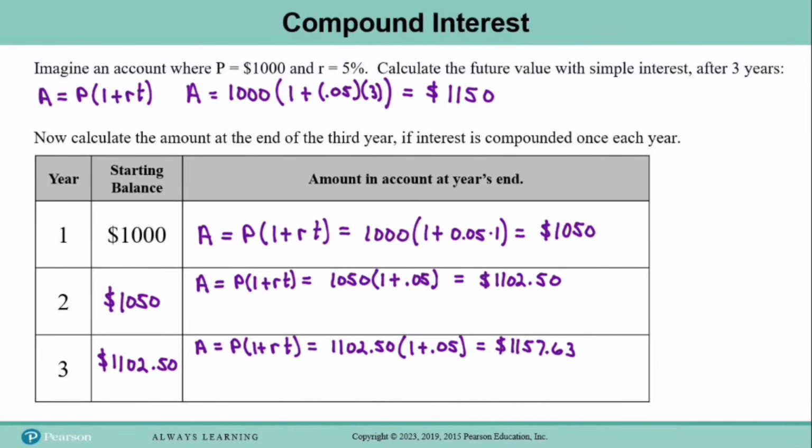And this is what makes compound interest, again, so powerful. And now I know that it's not a lot because we're working with a small amount of money and we're working with a small amount of time.